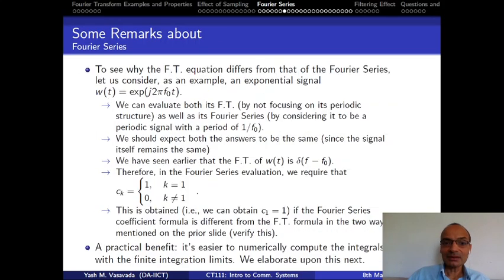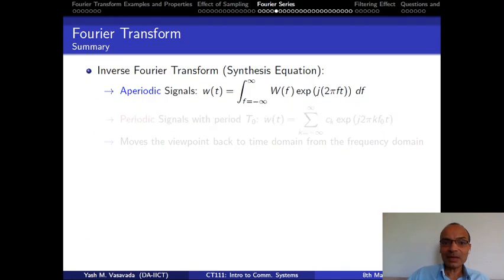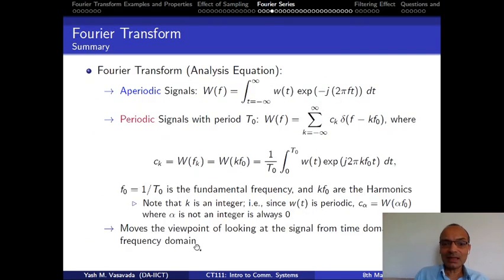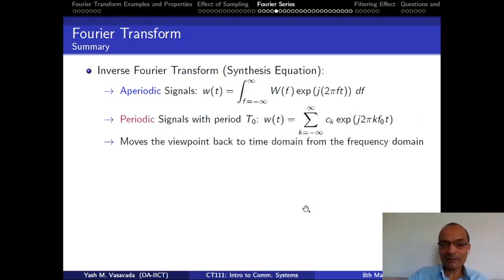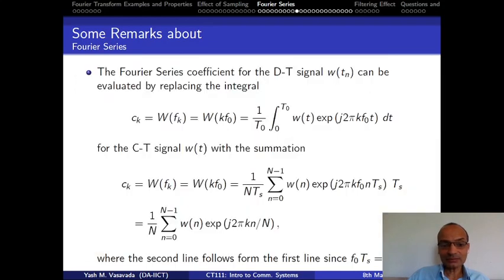Remember, we did this way back here, that k is an integer. And the reason it is an integer is because we have assumed that our signal is periodic. So k is also an integer, and so this entire formula is based on integers. And there is a 1 over N term right in front of it. So this is the reason why we have that 1 over N sample multiplier at the output of my Fourier transform.